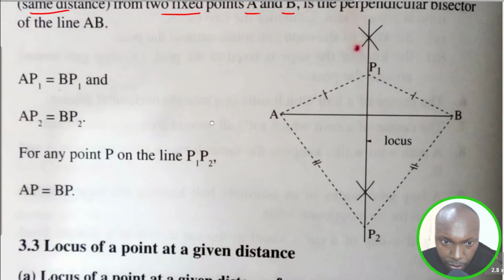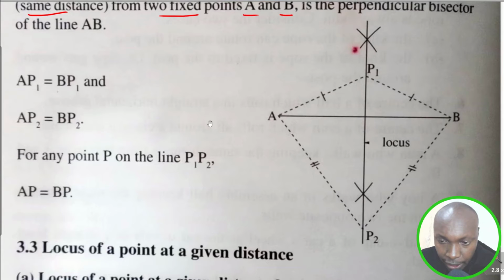In this diagram, the two fixed points are A and B, and to construct the locus of a point equidistant from these two points, you just need to construct the perpendicular bisector of line AB. In this case, you can see AP1 is equal to BP1, and AP2 is equal to BP2.